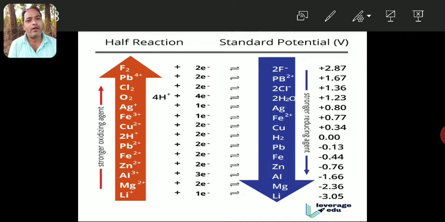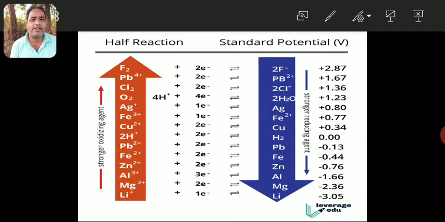Oxidation means a loss of electrons; a reaction in which a loss of electrons takes place, we call it an oxidation reaction. And a reduction reaction means a reaction in which a gain of electrons takes place. Now, what is meant by oxidizing agent?